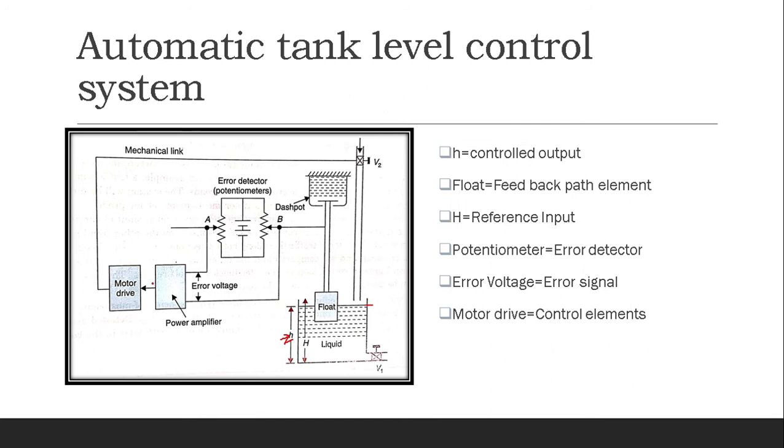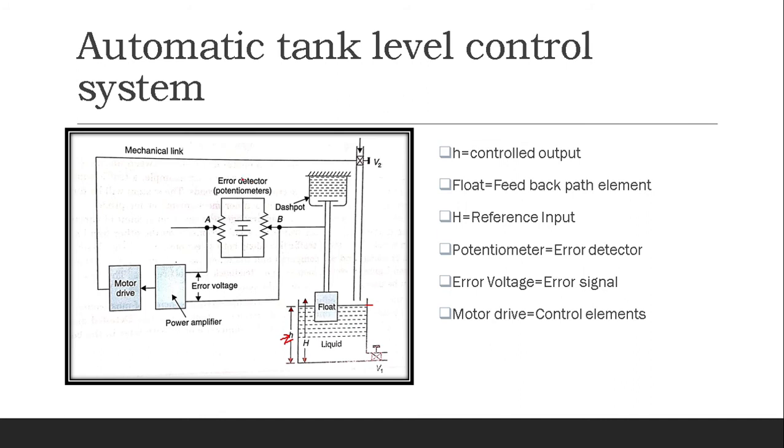So whatever error voltage is generated is going to actuate your motor through the power amplifier, and that is our controlled element, which in turn conditions the plant and decreases or increases the opening of the valve V2. So the motor is going to control our valve V2 in such a way that your potentiometer will detect the error.